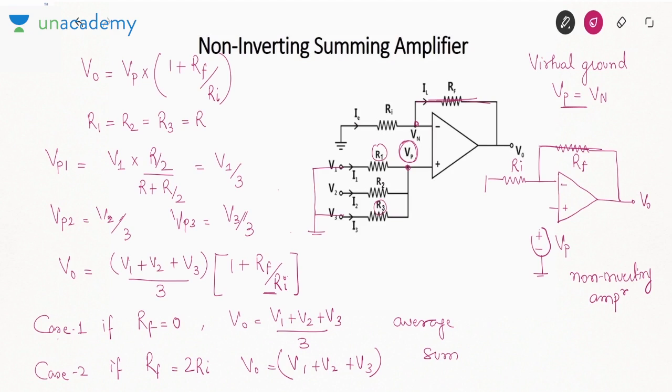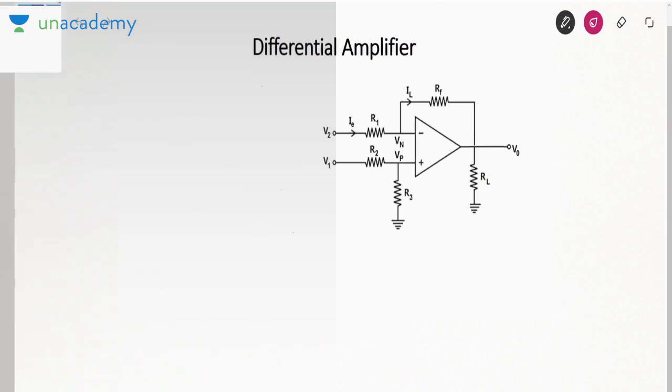If you want the average of certain values using an analog circuit, you can make use of the non-inverting summing amplifier. The previous two circuits, voltage follower and the non-inverting summing amplifier, are modified versions of the non-inverting amplifier only. We have just modified that circuit and realized a new circuit.